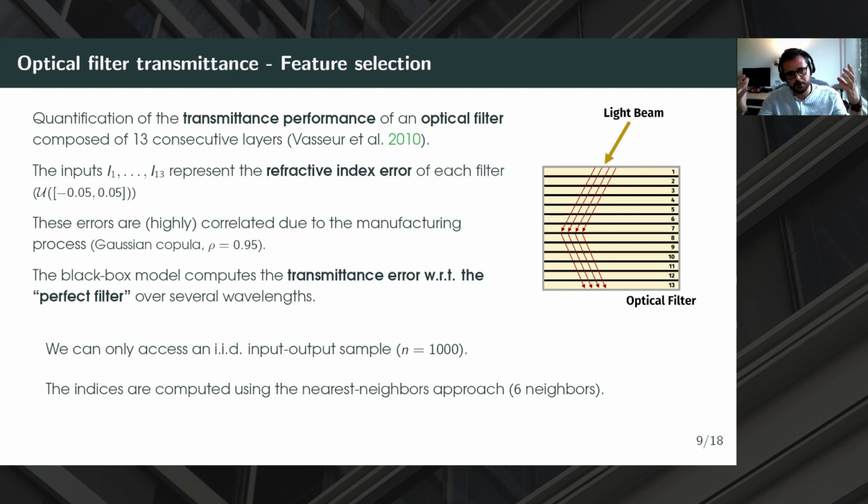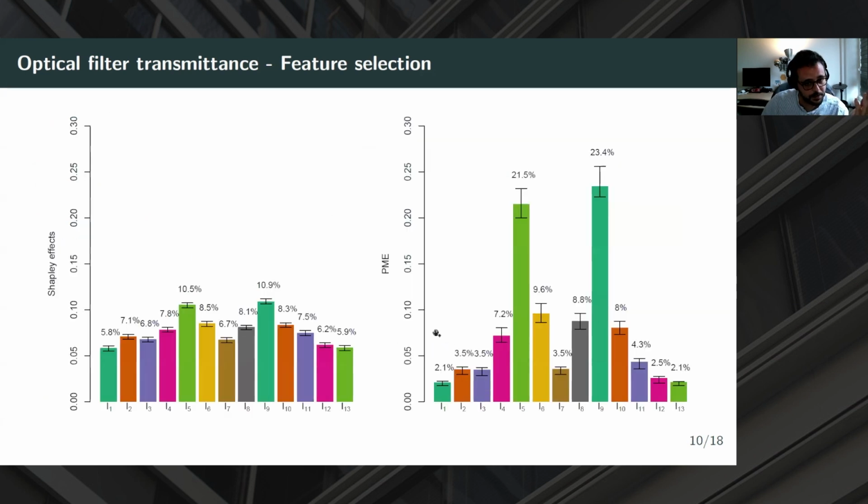And the black box model computes the transmittance error with respect to the perfect filter, the one for which the layers do not have any error. In this case, we only have access to an IID input-output sample, and we use that data-driven approach to compute the indices, which look like that. On the left, you have the Shapley effects, and on the right, you have the proportional marginal effects.